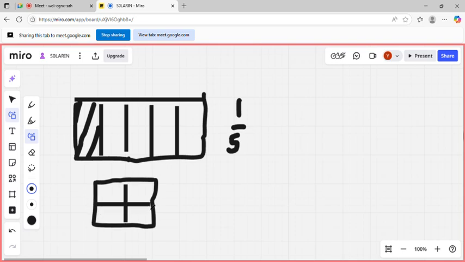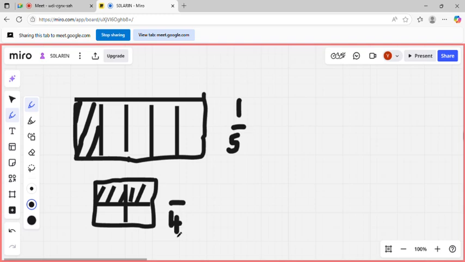Now let's find our denominator and also find our numerator. It's very easy. So let me find out what the denominator is. The denominator is the number of parts I divided the shape into. I divided the shape into 4 equal parts, and so that's my denominator.